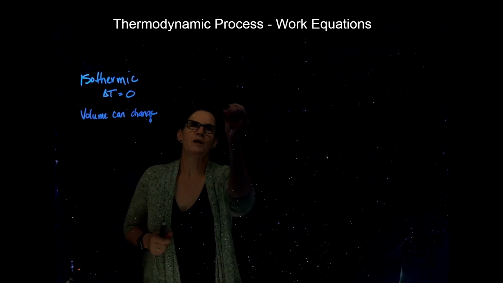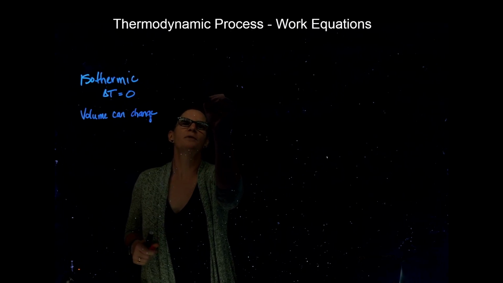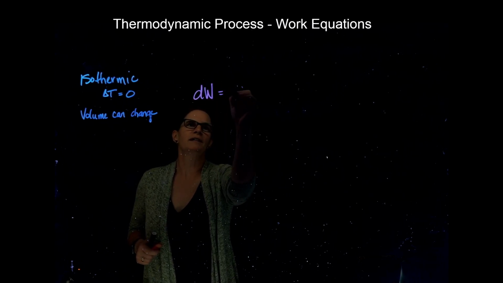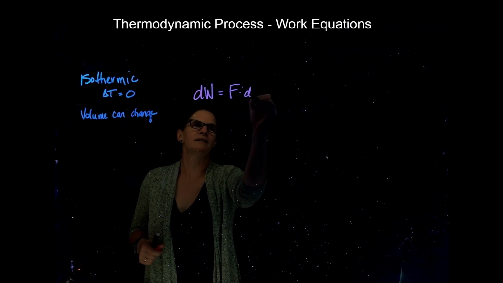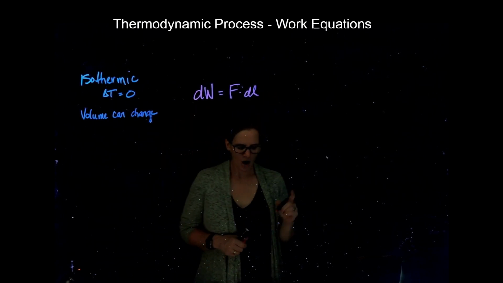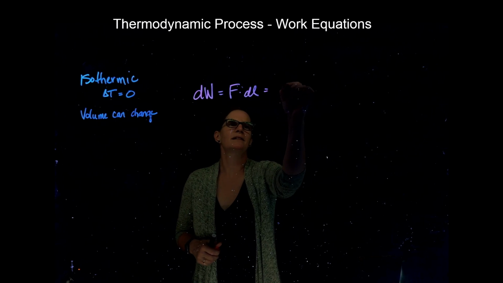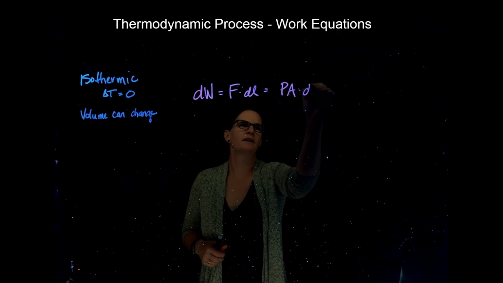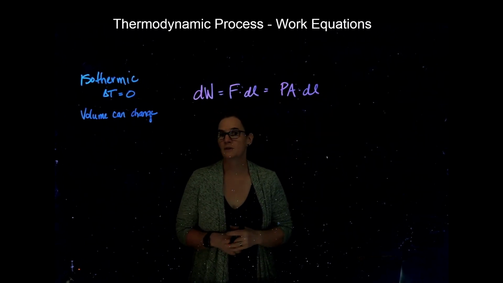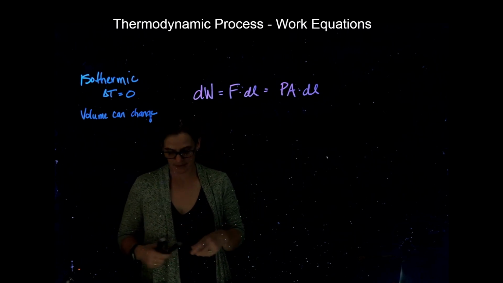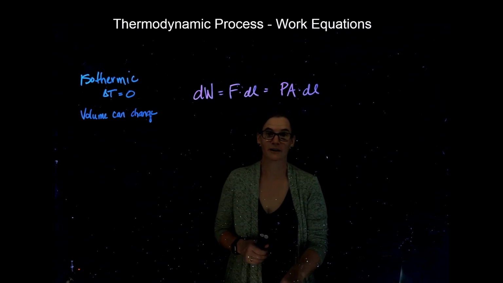Okay, so we know that in general, the work is equal to the force dot dl, right? And we also know that force is our pressure times our area. This is just back in our first semester work and energy.